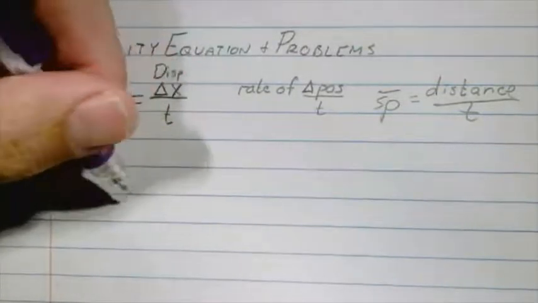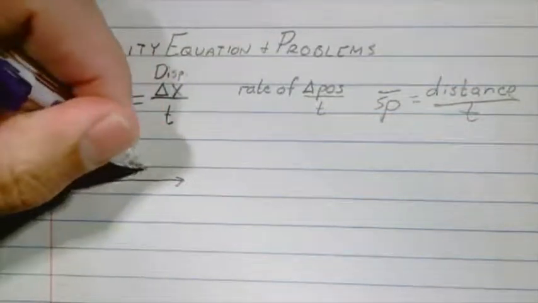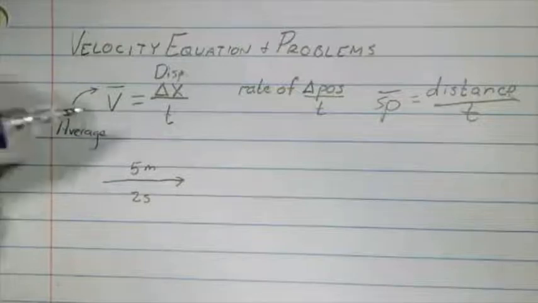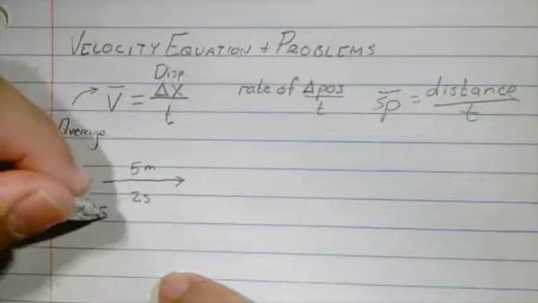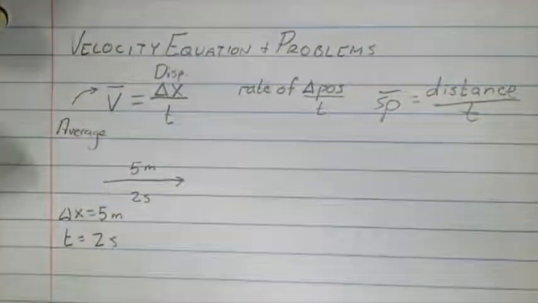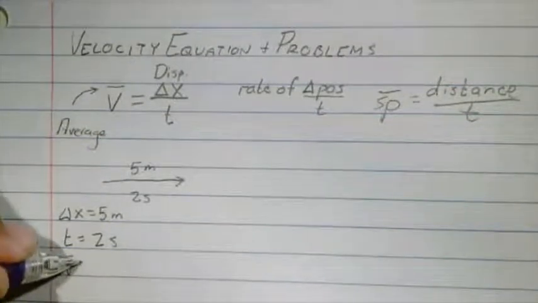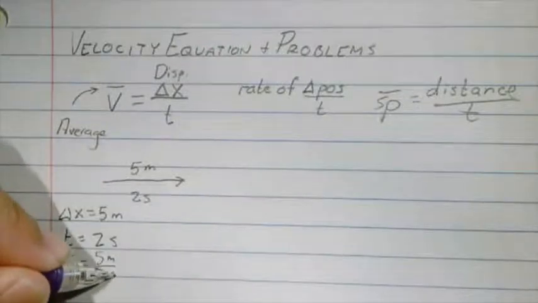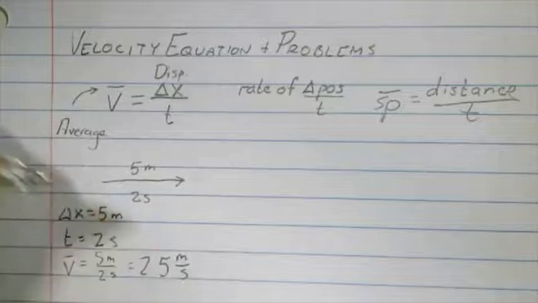Okay, velocity. I walk 5 meters in 2 seconds. 5 meters in 2 seconds, and I've got an arrow indicating where that is because I want to use displacement. My displacement is 5 meters, my time is 2 seconds, and so my average velocity would be 5 meters in 2 seconds equals 2.5 meters per second.